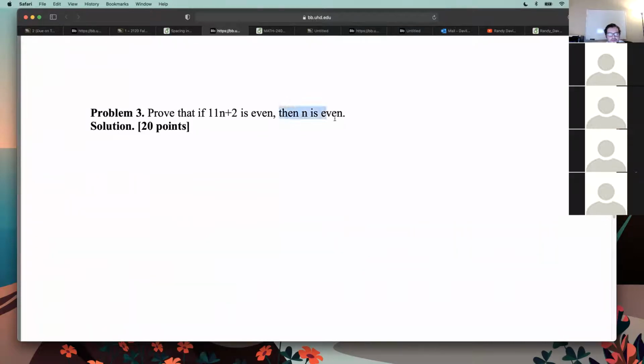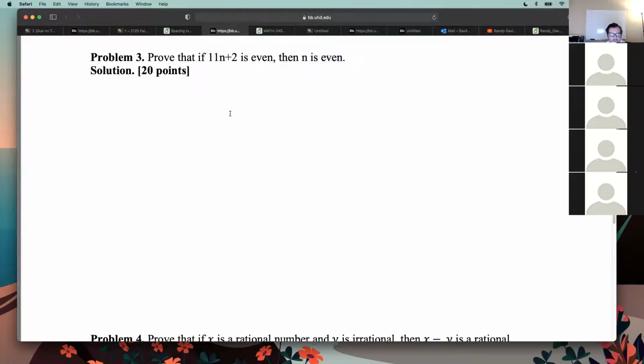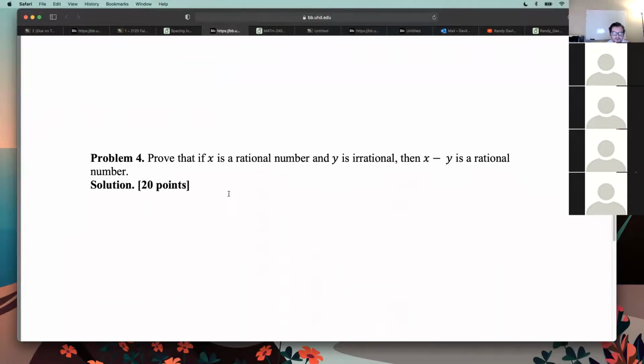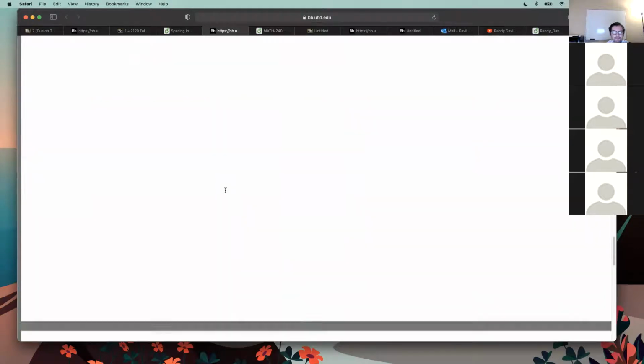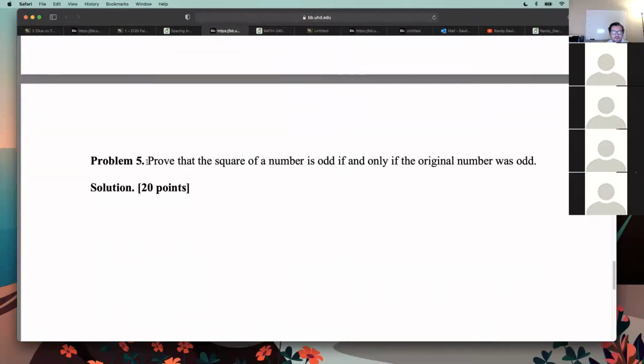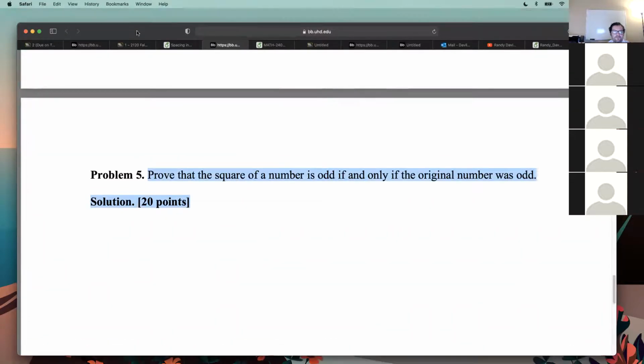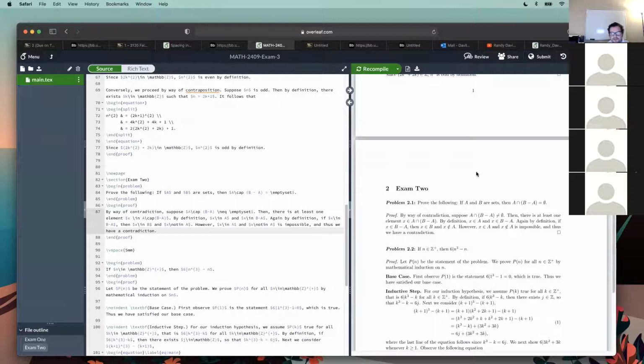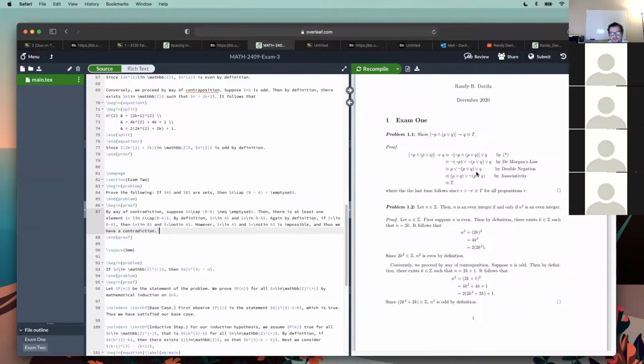This you prove by contrapositive. You assume that n is odd, and then you show that 11n times 11n plus 2 is odd. This one I told you is false, and I gave you a counterexample. And then here, this is very similar to the solution that I wrote up in last lecture. Where is it? This one.